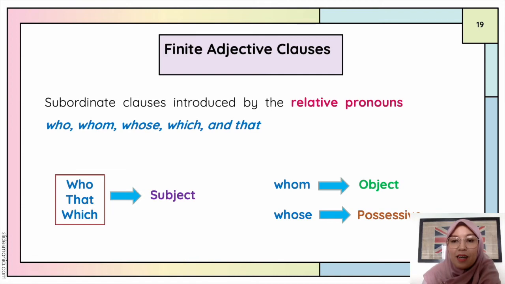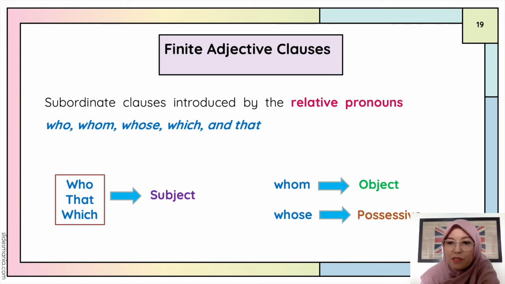Alright, class. Now that you know how to contrast restrictive and non-restrictive modification, we can move on to the next chapter of adjective clauses, the finite and non-finite adjective clauses.